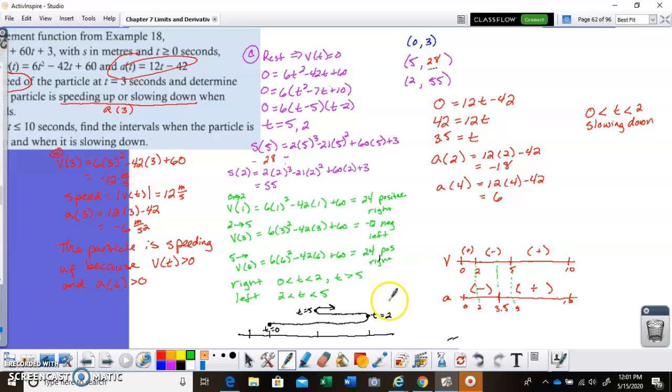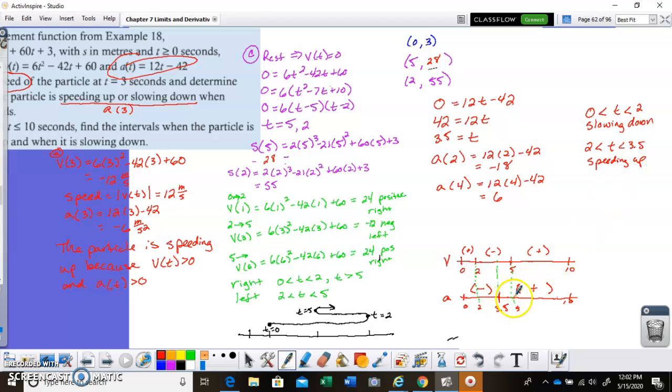It takes it up about there. So between 2 and 3.5, we have a negative acceleration and a negative velocity. That means the signs match, so it's speeding up.